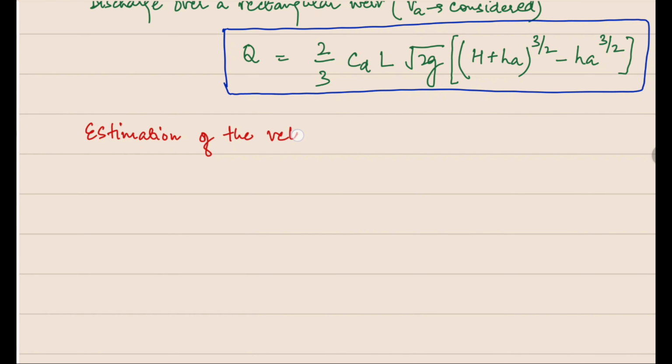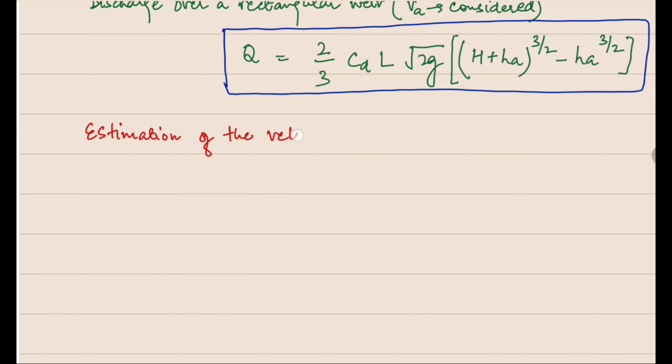Whenever we go to solve any kind of problem related to the rectangular weir, we are not sure what the Q will be. However, in any problem, we will have the area of channel. So area of channel will always be known to us.